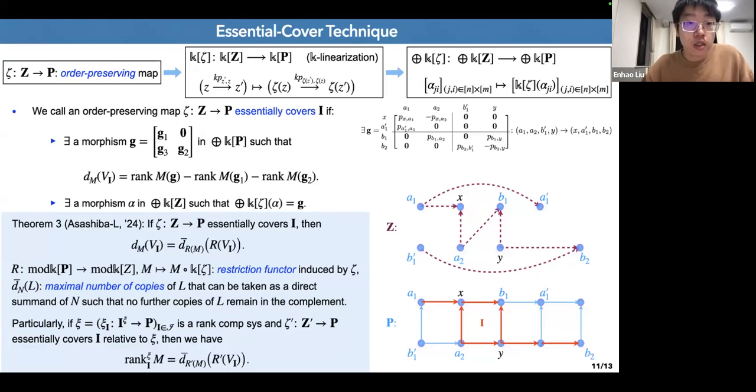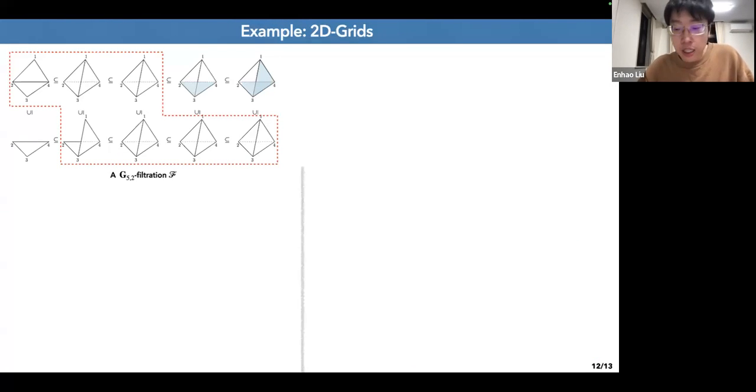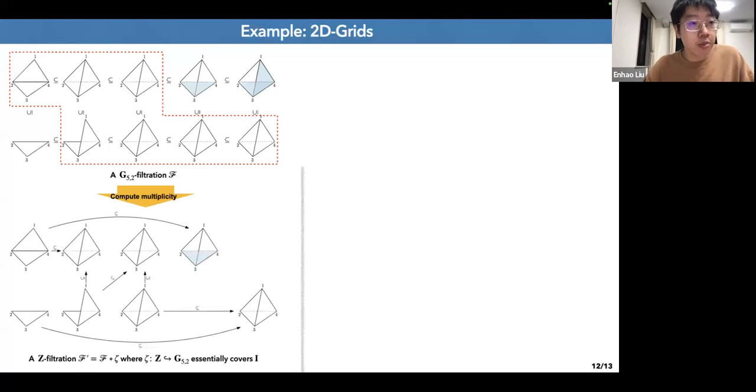Okay, so then we see another example, a filtration example. For example, we consider this red region as an interval. What is the interval multiplicity of this region? By the previous slide, we know that you should take this zigzag poset Z, and you restrict everything over this zigzag poset.